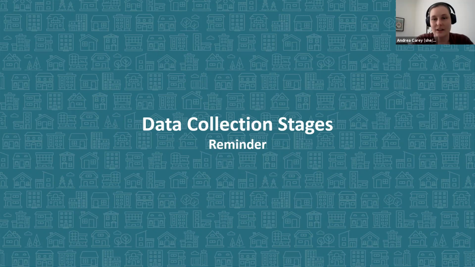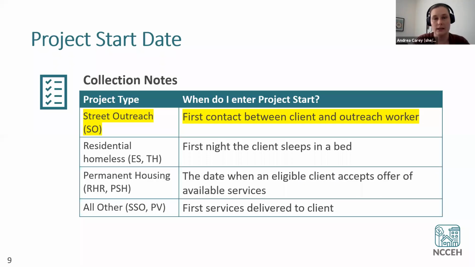All right. So let's go into more of the actual data collection with those privacy principles in mind. I want to start off with the data collection stages, just a reminder about when data entry really begins for street outreach projects. And again, this is for funded street outreach, right? So when we're funded street outreach, we need to follow the HUD requirements for our project type.